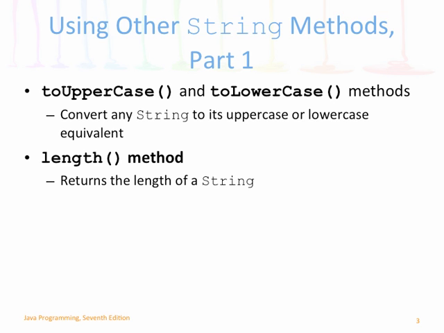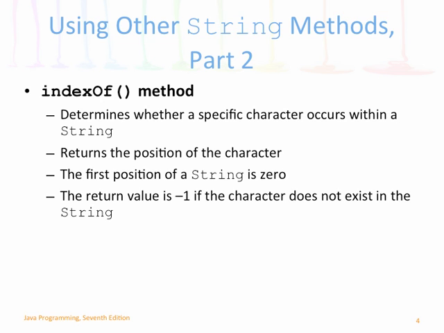Another handy method to use is the length method, and the length method will return the length of a string. It will return how many characters are in that string, including spaces if there are any. The indexOf method will search for a specific character and return the location of that character. Now with strings, Java starts counting at 0.